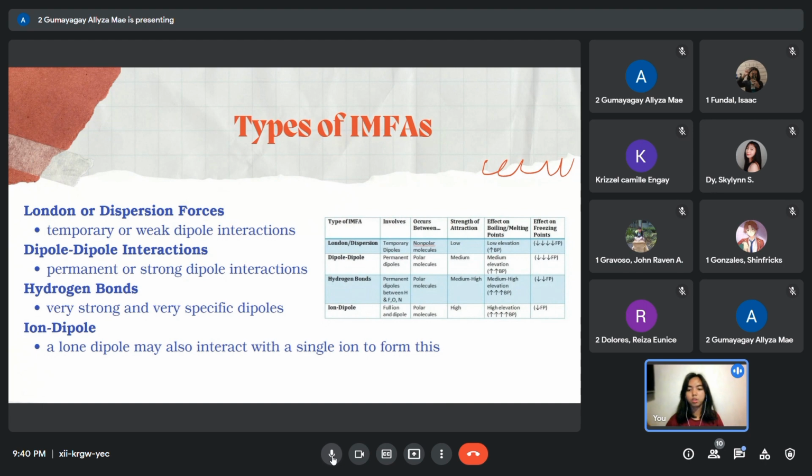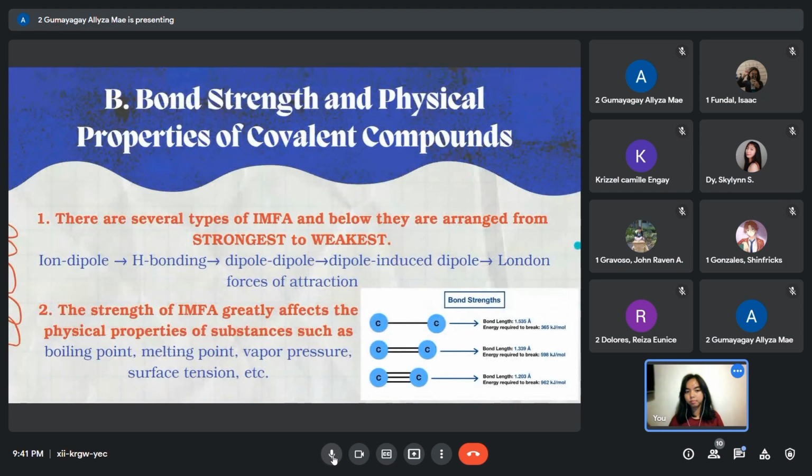So now let's proceed to the bond strength and physical properties of covalent compounds. There are several types of IMFA, and below they are arranged from strongest to weakest: ion-dipole, H bonding, dipole-dipole, dipole-induced dipole, and London forces of attraction.